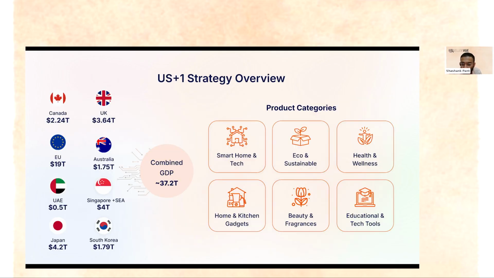And from my perspective, I think that's a very smart strategy, especially if you're looking at the next 12 to 24 months. While I understand that the US is one of the largest consumer markets, with a $30 trillion GDP, it is prudent to look at other geographies, which of course combined have a significant amount of consumption power and capability that can help you as a seller to diversify and actively build resilience in your supply chain and diversification.